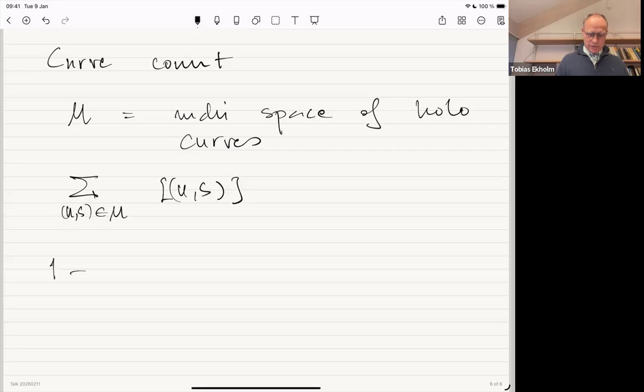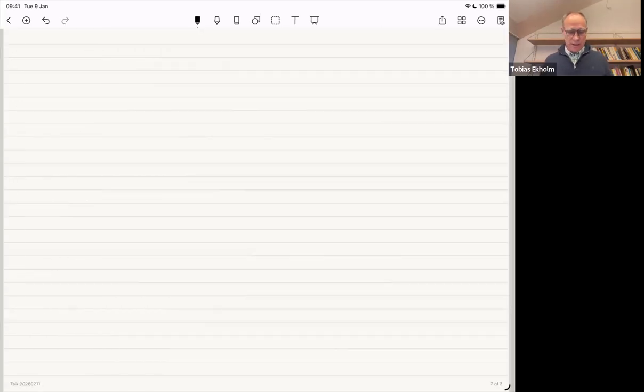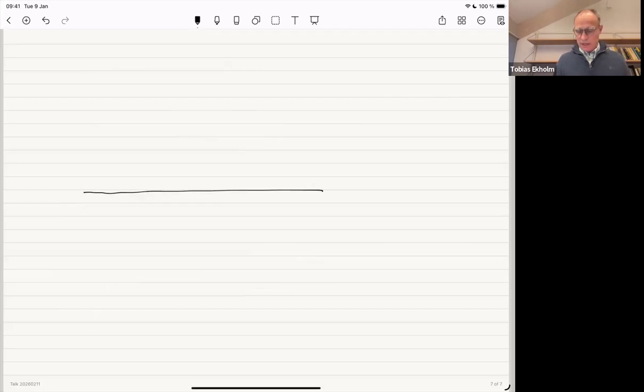Because of that, we study one-parameter families of deformations, and we'd like to see if this count has a chance of being invariant. And indeed, it has a chance. So let me think of this deformation parameter, t.